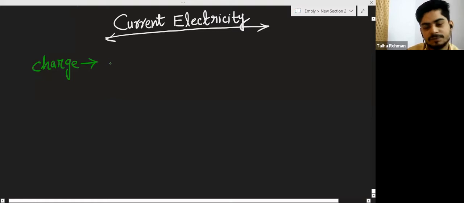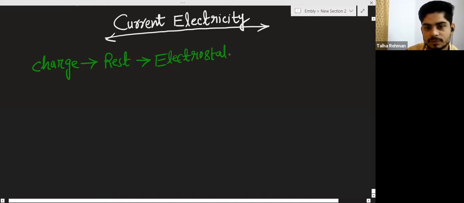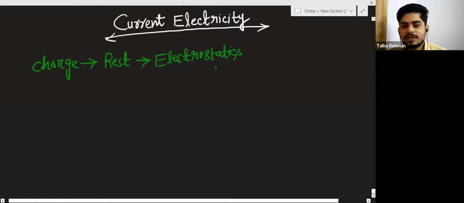When the charge is at rest, we have studied the electrostatics unit, and in that chapter you have seen that there was no current.